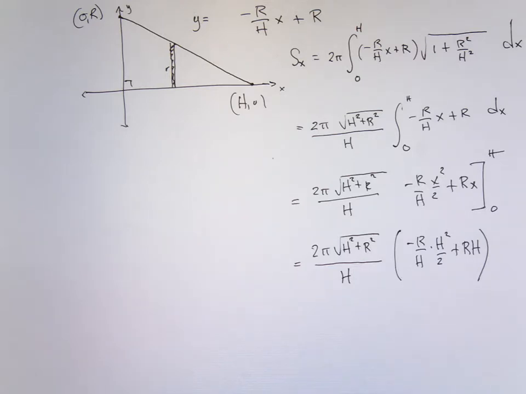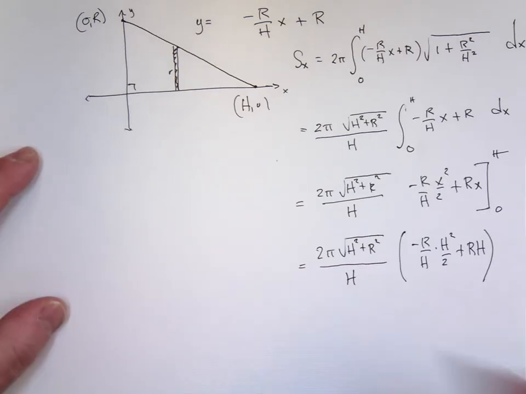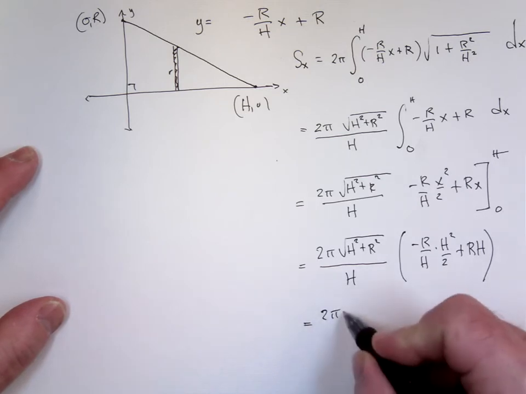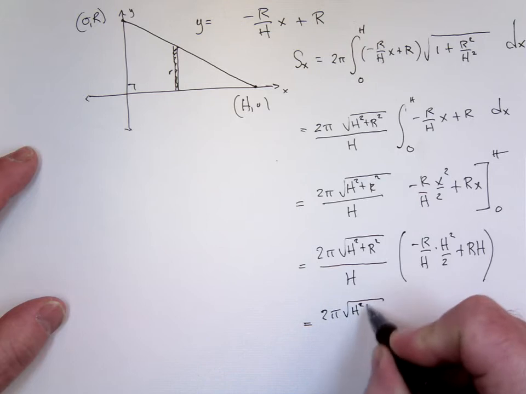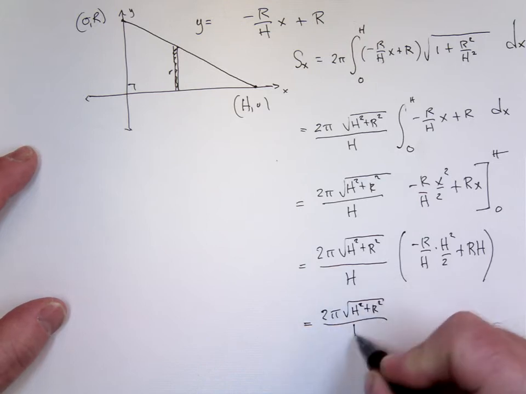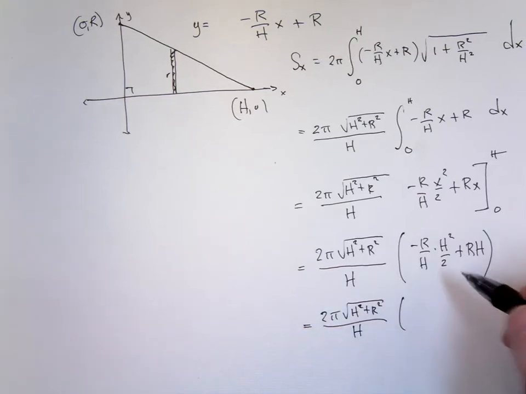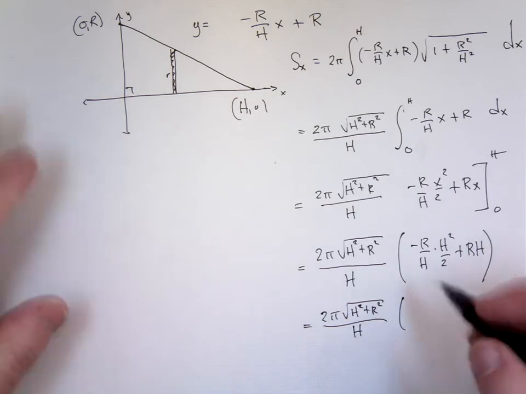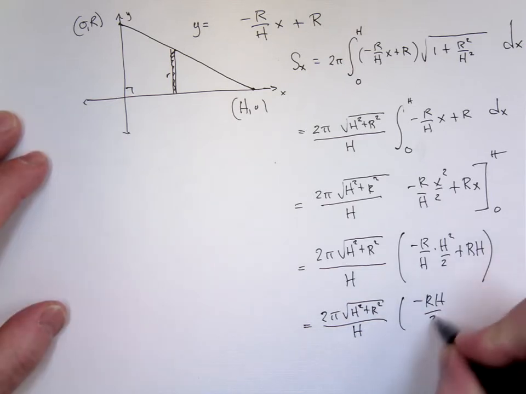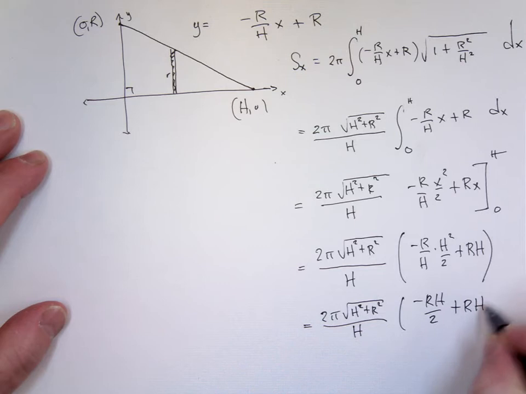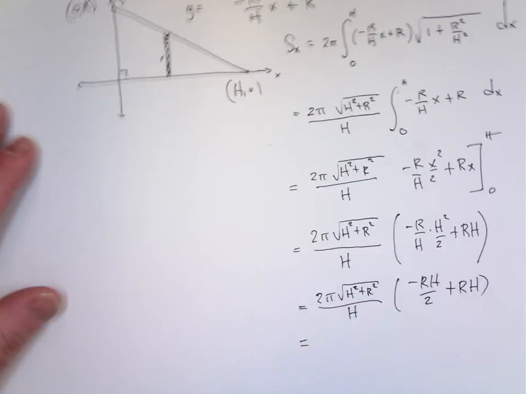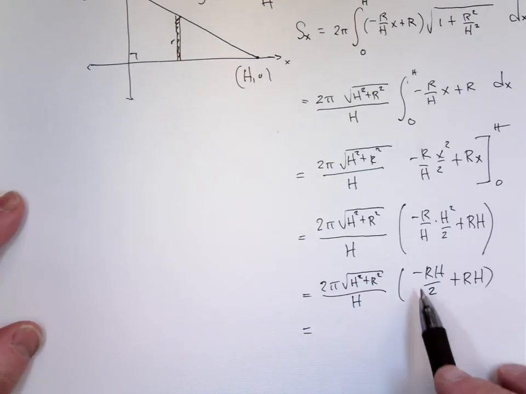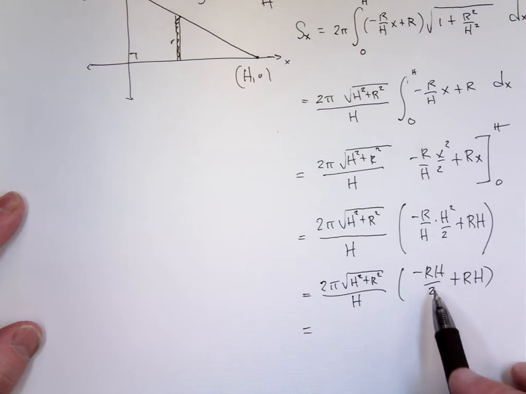That's equal to 2 pi square root of h squared plus r squared over h. Now, one of these h's cancels, so I get a negative rh over 2 plus rh. Well, if I take a negative rh over 2 plus rh, I get rh over 2. Multiply by 2 over 2 here.